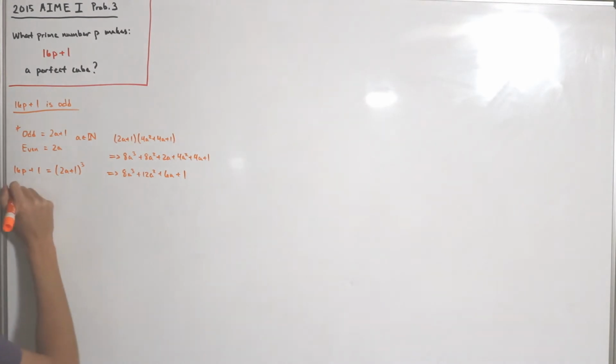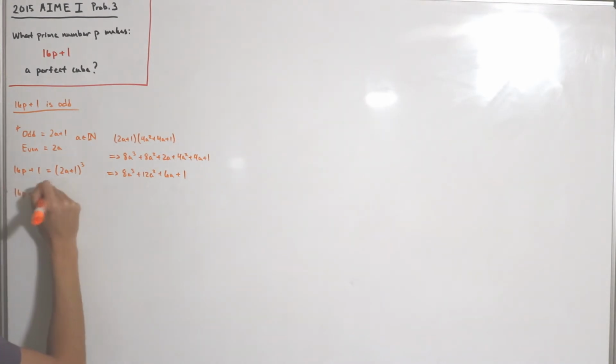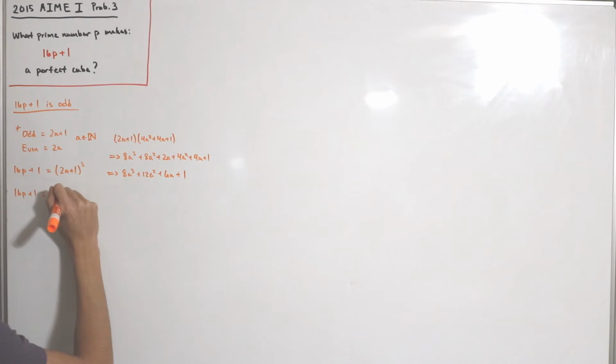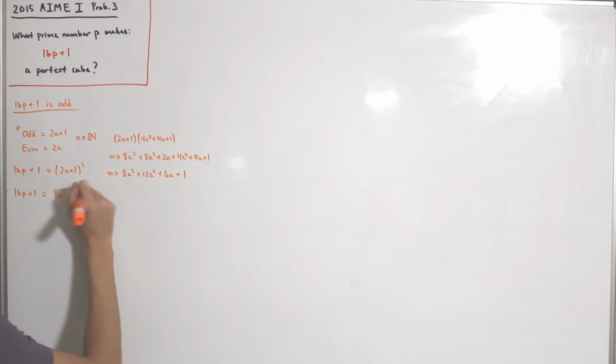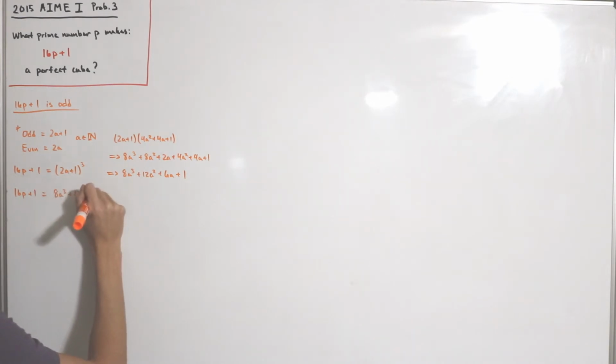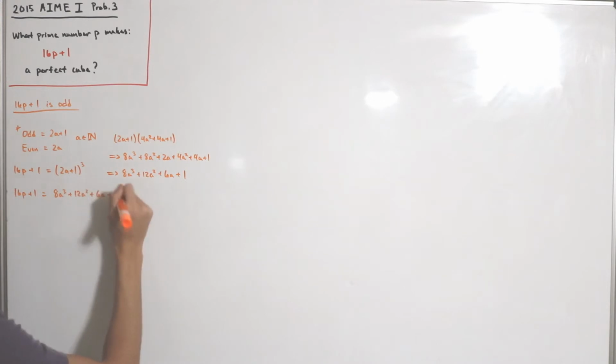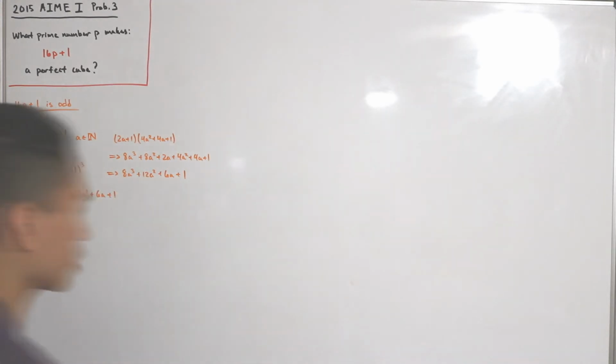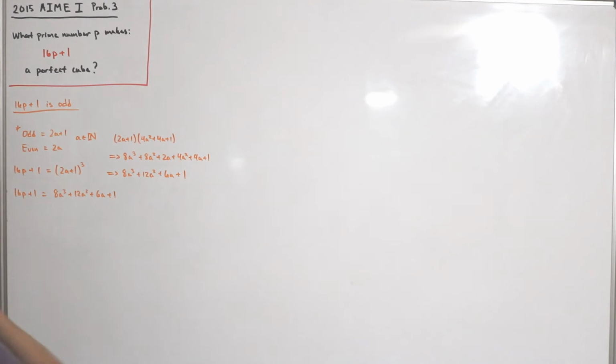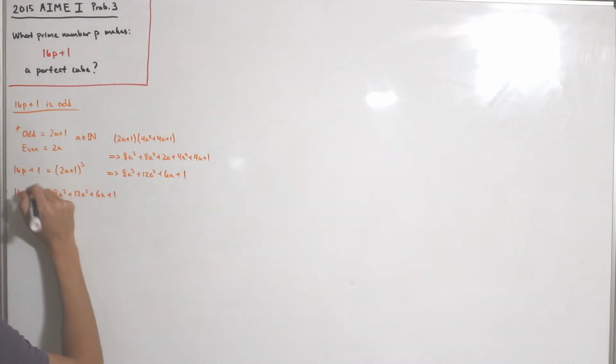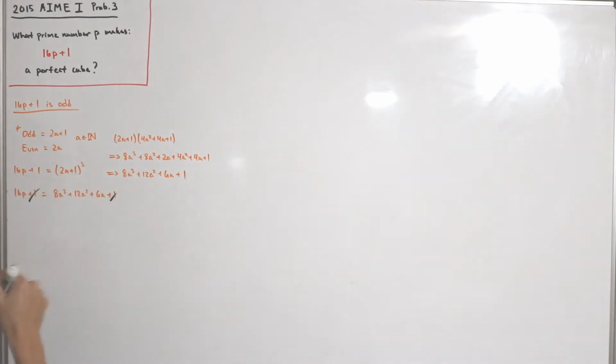Okay, and I'll just substitute this back into our cubic equation over here: 16p plus 1 equals 8a cubed plus 12a squared plus 6a plus 1. Then I'll subtract the 1 from both sides, so the 1s on the left and the right cancel.